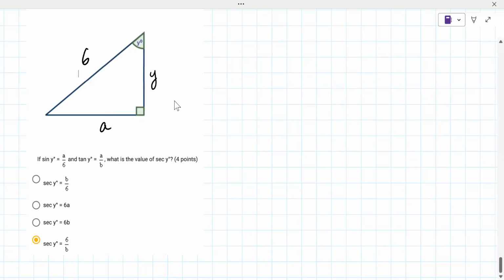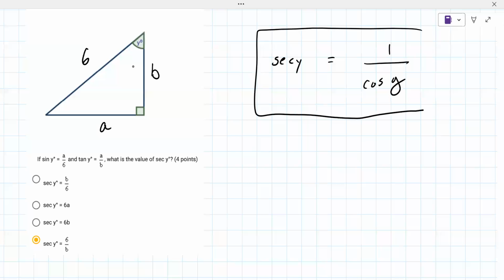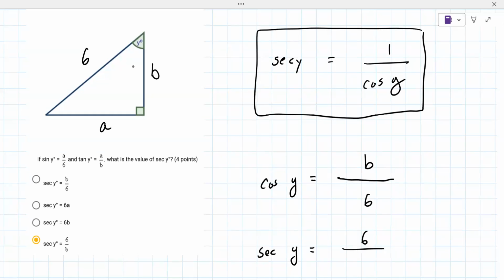And then for the tangent, that would be X. Now secant, you remember we talked about it being the reciprocal of cosine. So you have to first figure out what the cosine of y is. The cosine would be the side adjacent over the hypotenuse, so B over 6. Then the secant is the flip of that: 6 over B.